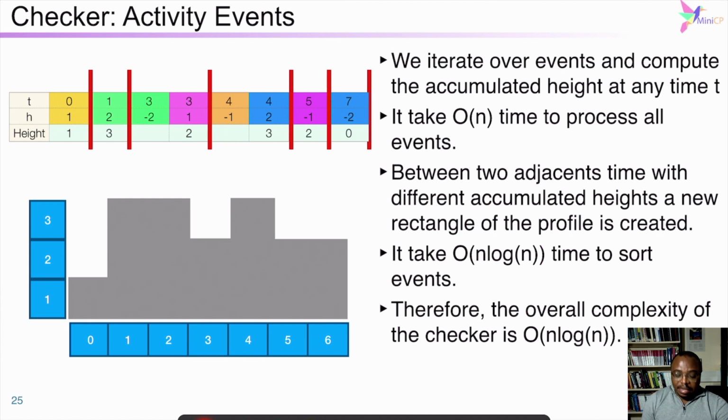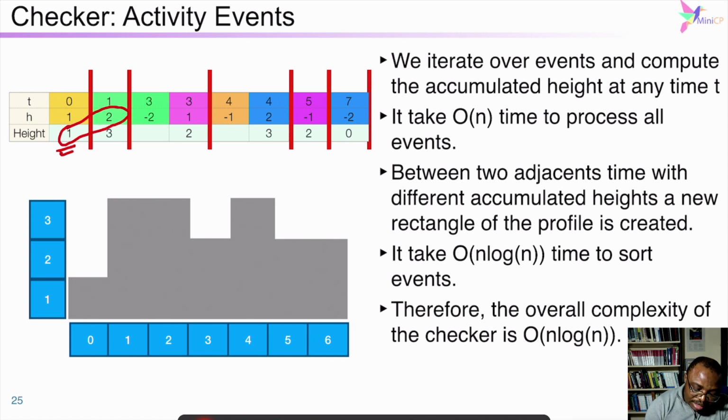At any time, the height of the current rectangle is the sum of the previous height and the current height. For example, at time 0, the height is 1. At time 1, the height is 1 plus 2.